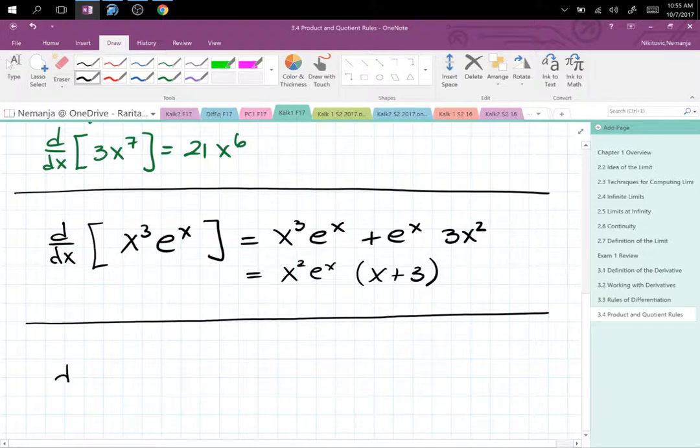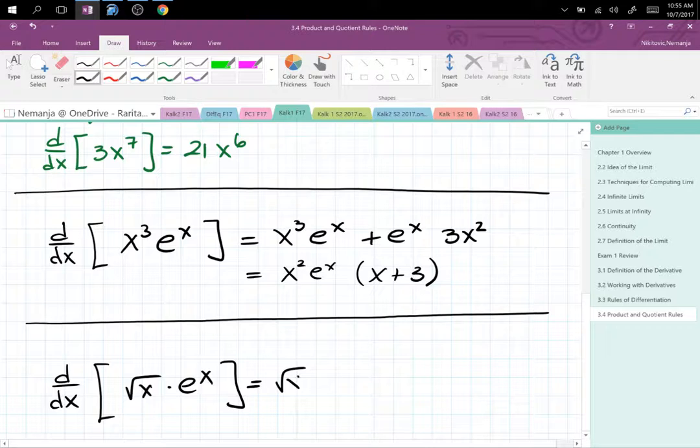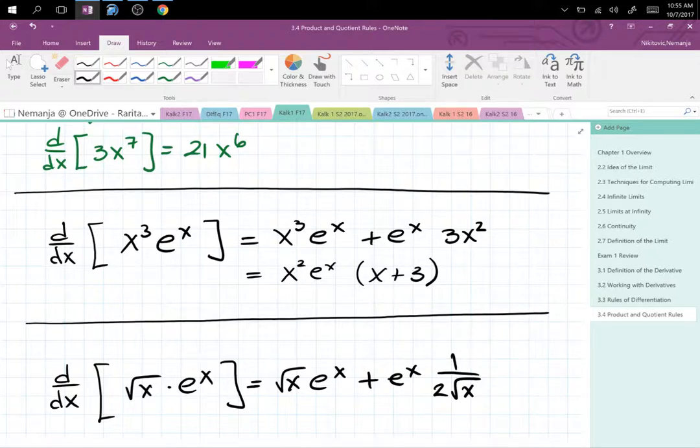Like, let's say, I don't know, square root of x times e to the x. It's the same thing. Copy the first times derivative of the second plus copy the second times derivative of the first. You will quickly memorize that the derivative of square root of x is 1 over 2 root x.